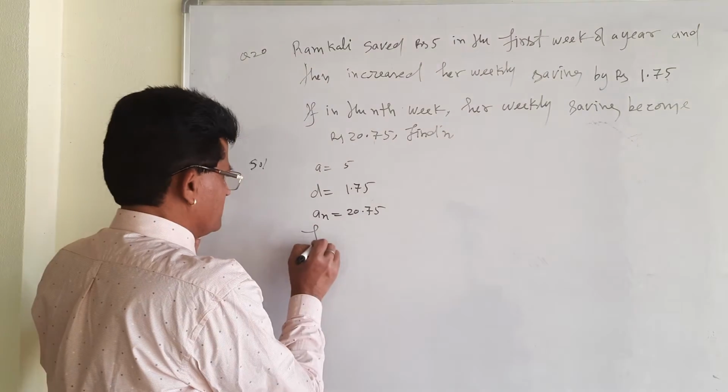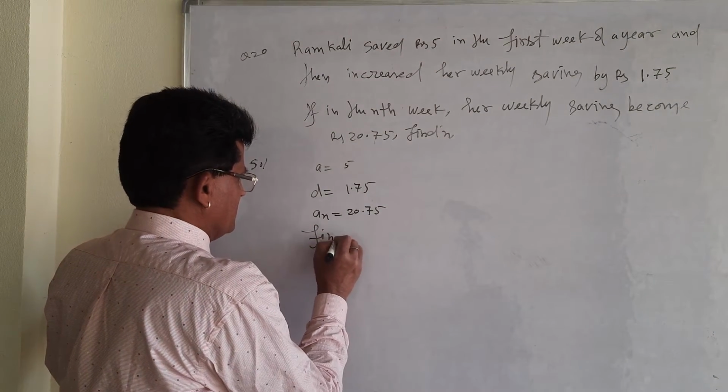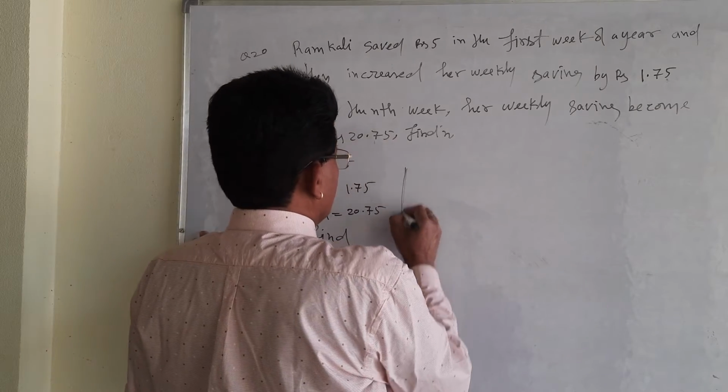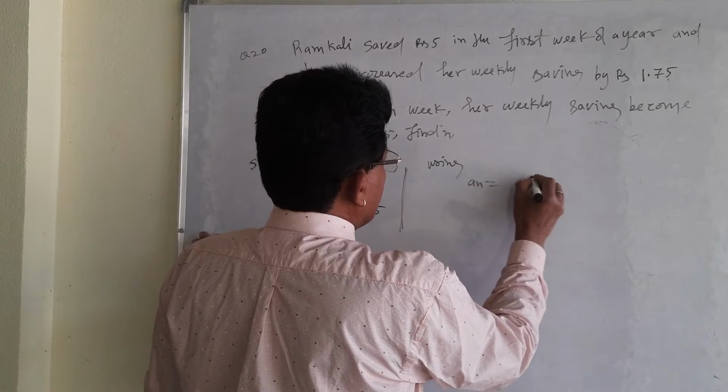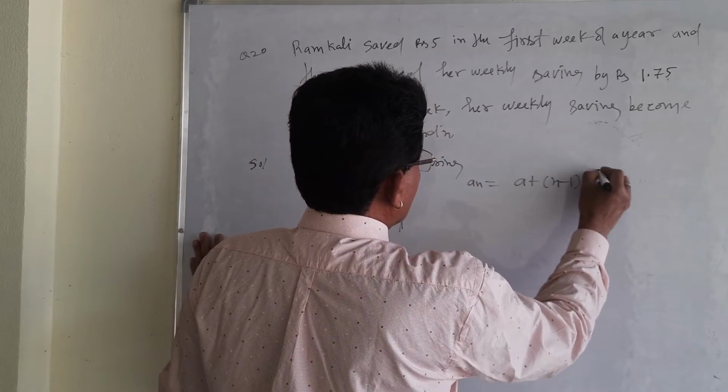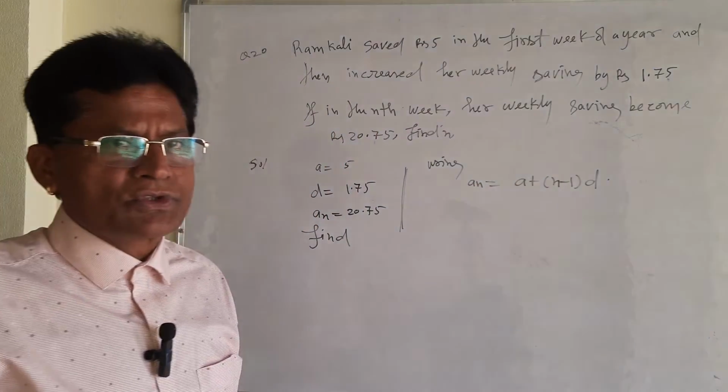Find n, using an equals a plus n minus 1 into d. This formula you will have to use.